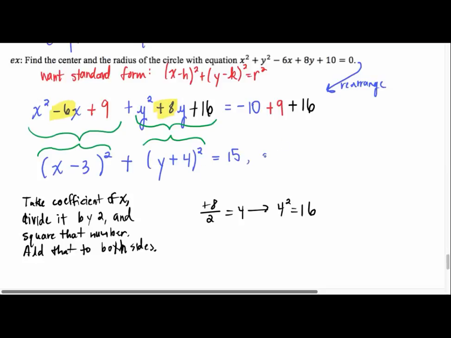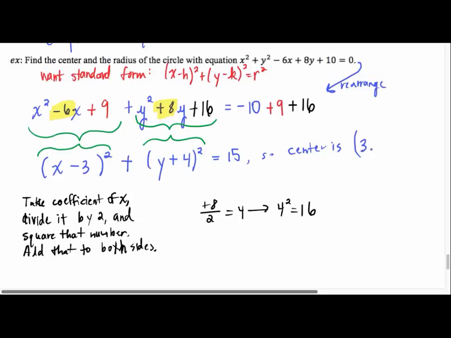Okay, so what is the center of the circle? We got x minus h squared compares to x minus 3 squared, so h is positive 3, because there's already a minus in the formula.